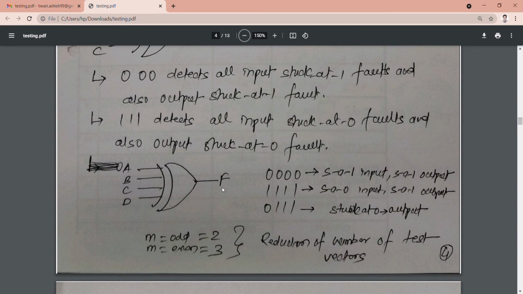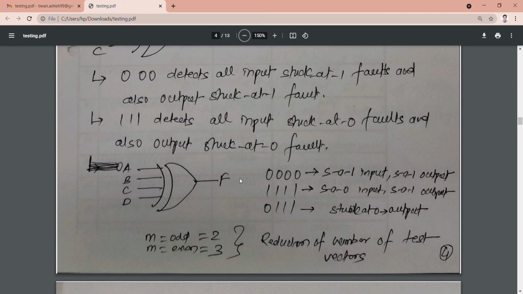Okay, but what if F is stuck at 0? Then you have to apply this particular pattern 0 1 1 1. So if F is stuck at 0, 0 1 1 1 will give you the output as 1.